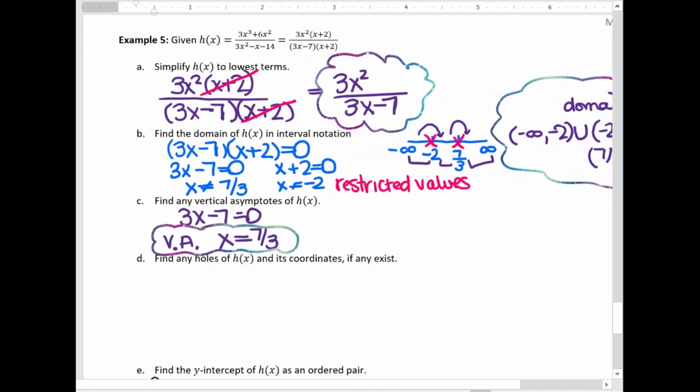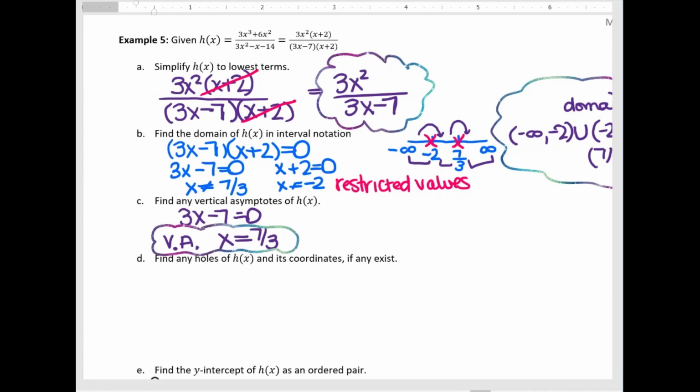Remember, all of our restricted values either wind up being vertical asymptotes or holes. So if you have 2 restricted values, you're going to have either 2 vertical asymptotes, 2 holes, or a combination of the 2. We only had 1 vertical asymptote, which means that our other restricted value is going to be the hole.